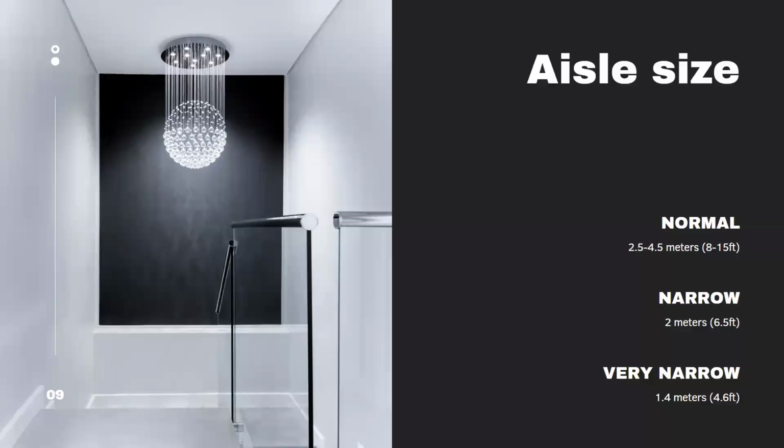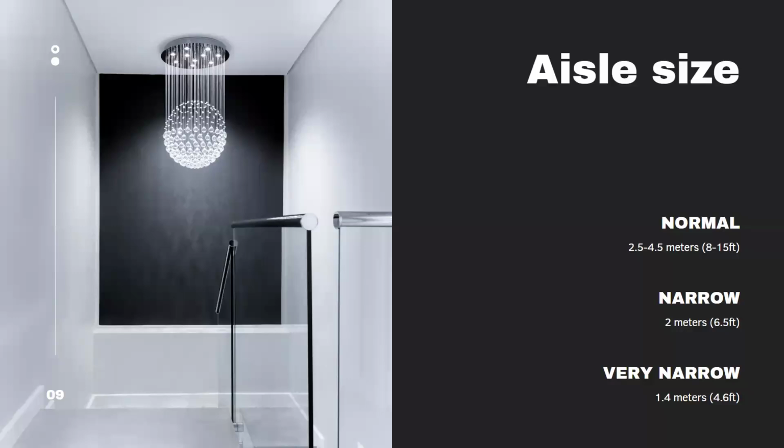Similarly, if you want to maximize the space for storage, we could use a narrow aisle, which is about 2 meters or 6.5 feet. Okay, above it is normal, below it is narrow.